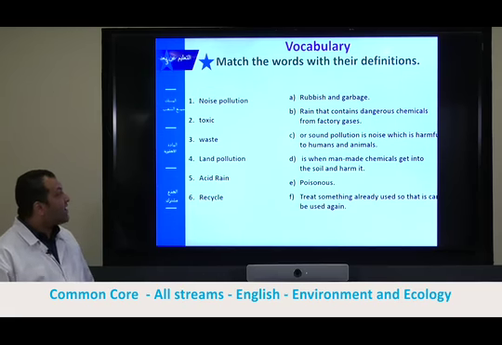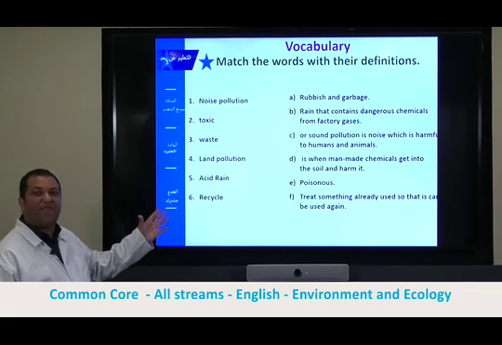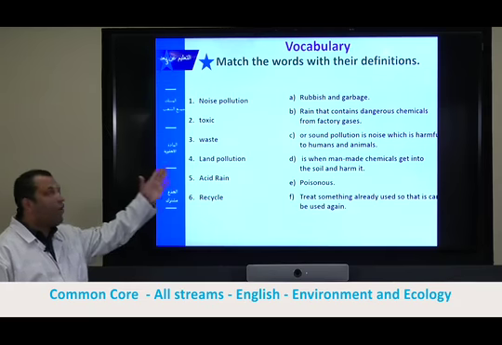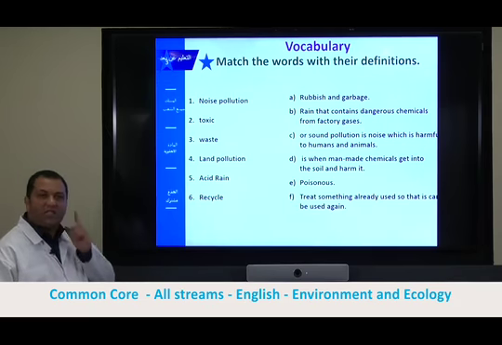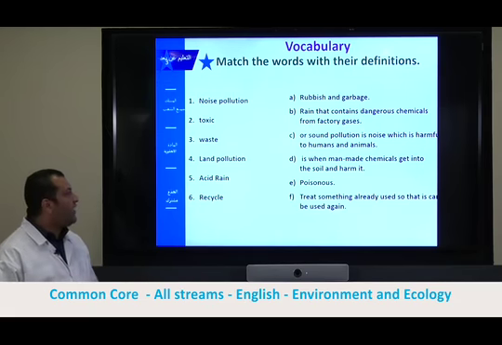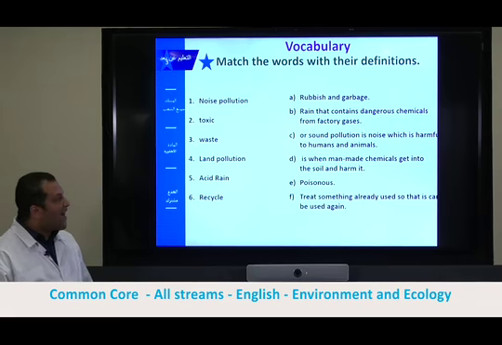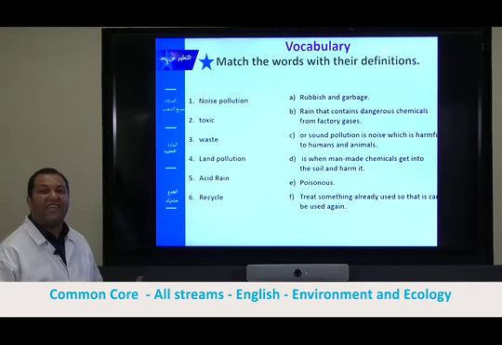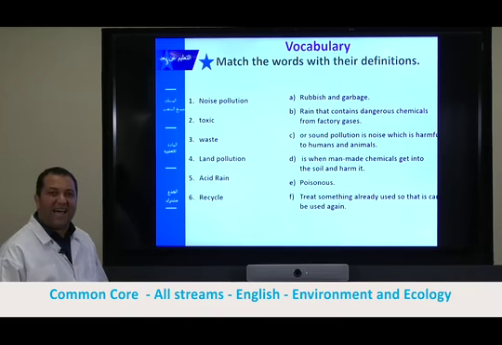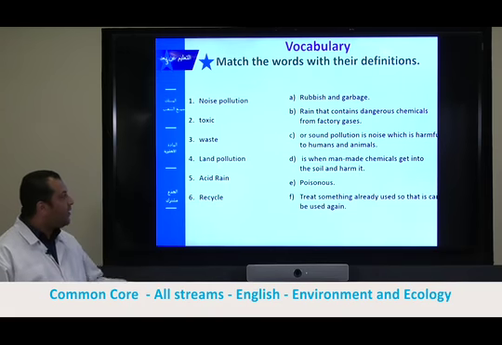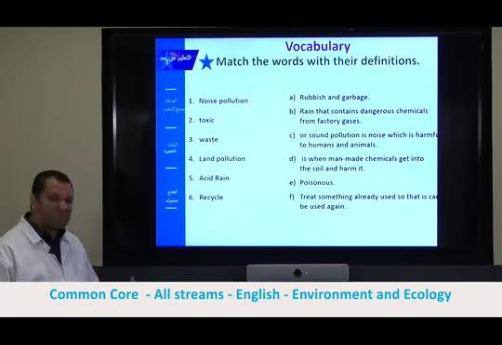C, noise or sound pollution is noise which is harmful, dangerous, hazardous to humans and animals. D is when man-made chemicals get into the soil and harm it.